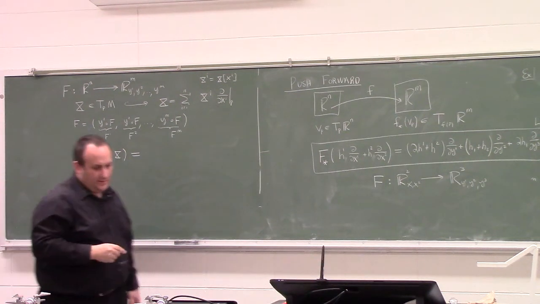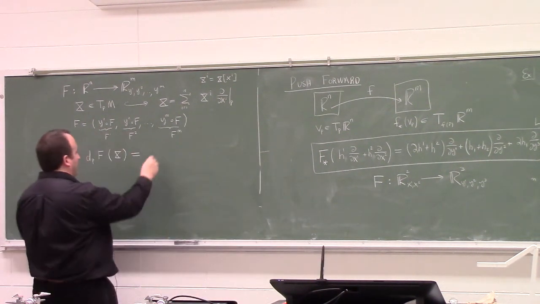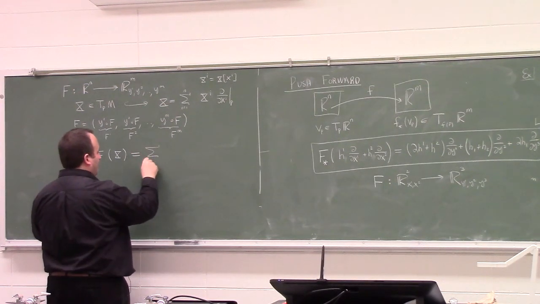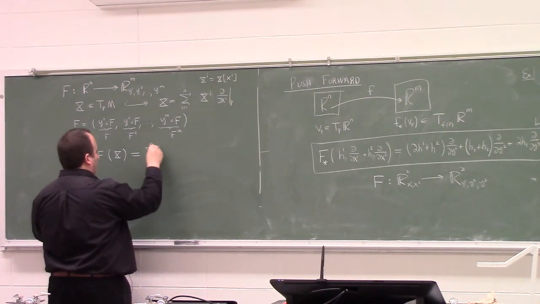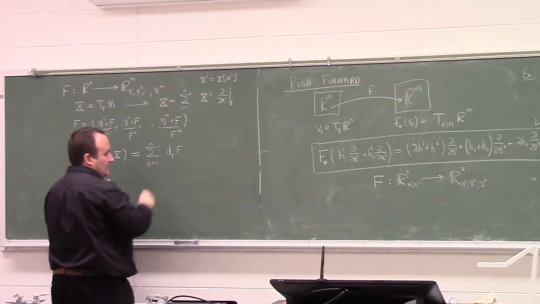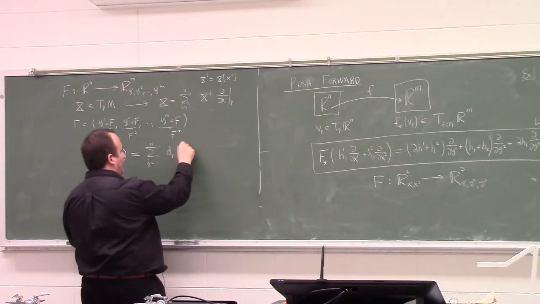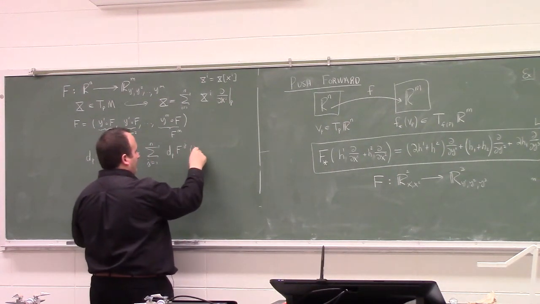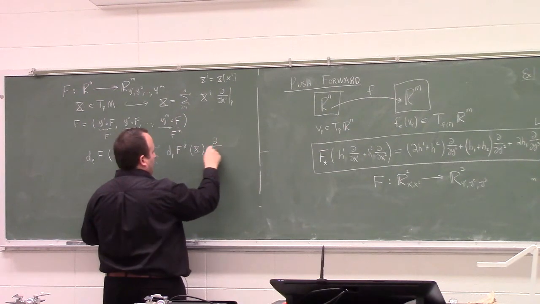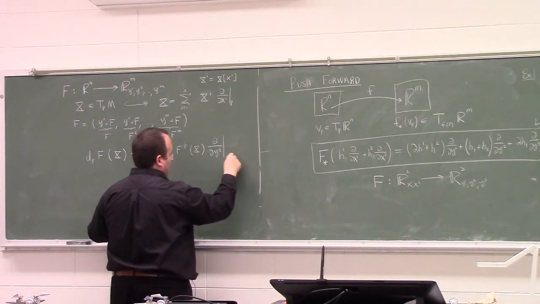It is the sum j equals 1 to m of the differential at p of f j of X, times partial y j at f of p.